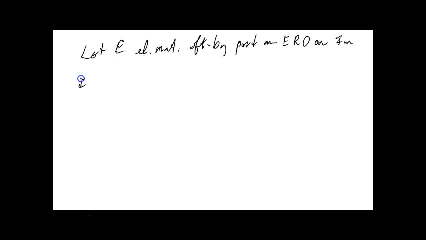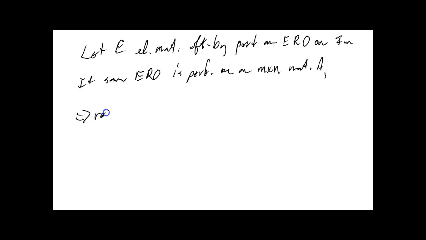If the same ERO, elementary row operation, is performed on an M by N matrix A, the resulting matrix is given by EA.